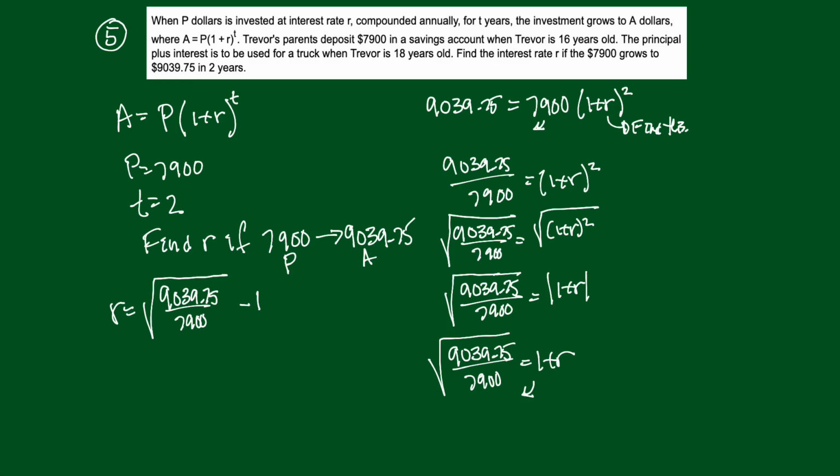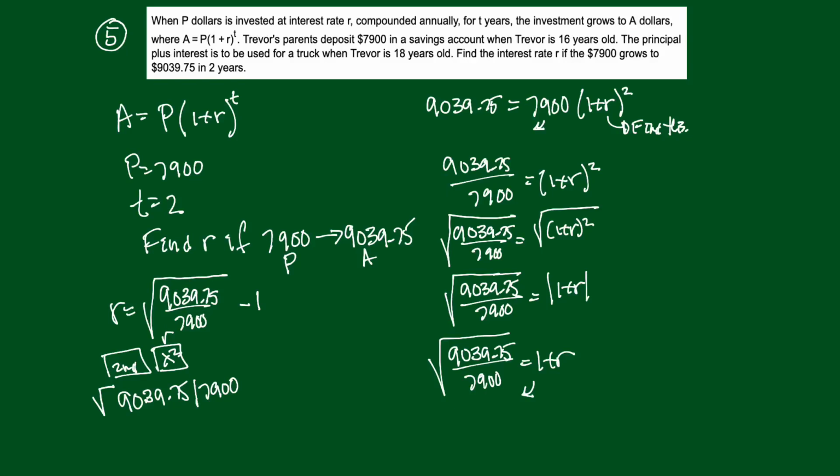If you use your calculator, here's how you're going to do this. You're going to press the second key and then the x squared key. Right on top of x squared is the square root. So you'll get square root, and then you're going to put in 9039.75 divided by 7,900.